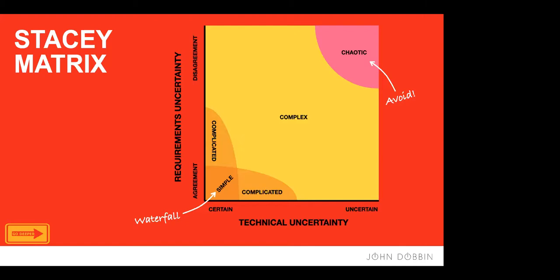The words that he used were that if it's highly certain and highly agreeable, then it's simple. If one of the dimensions is uncertain and one of them isn't, then it's complicated. But most of that area is complex. So you've got reasonably high uncertainty and reasonably high disagreement, and that's a complex problem. And if we think about it, that's the area that most IT lives in.